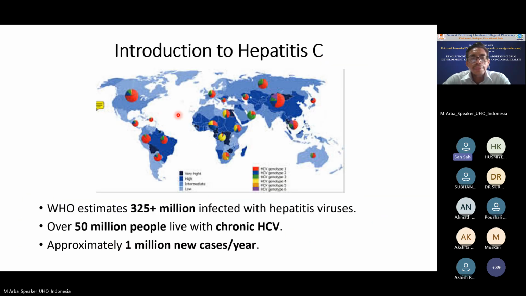So as we know, WHO estimates more than 300 million people in the world are infected with HCV, more than 50 million people live with chronic HCV, and approximately 1 million new cases occur every year. So it substantiates the need to find a new cure for HCV.